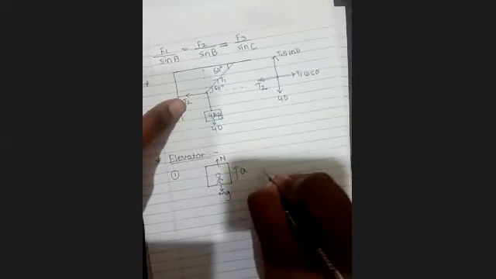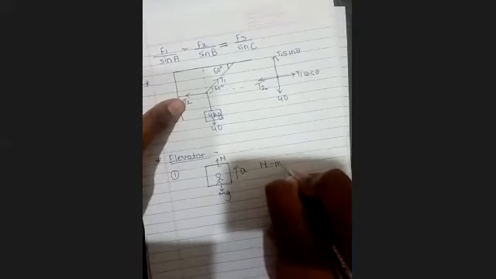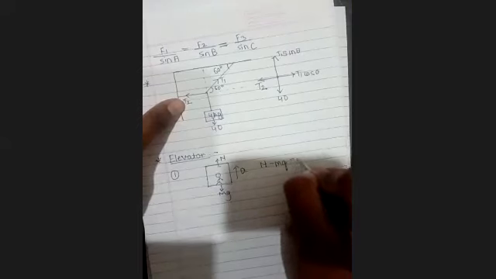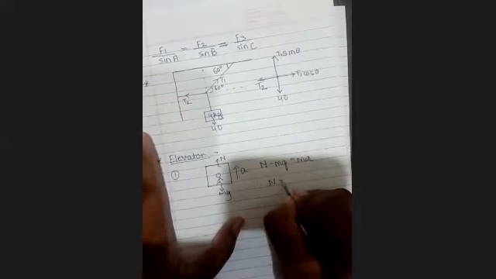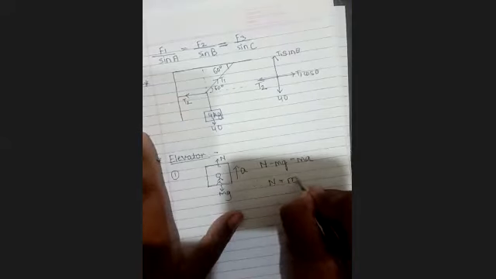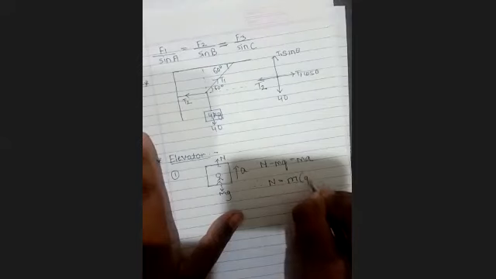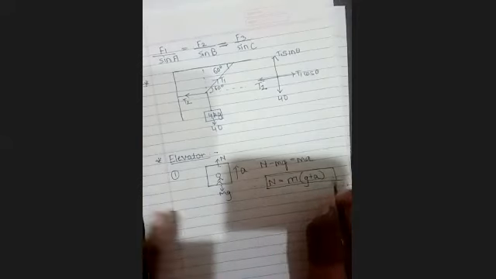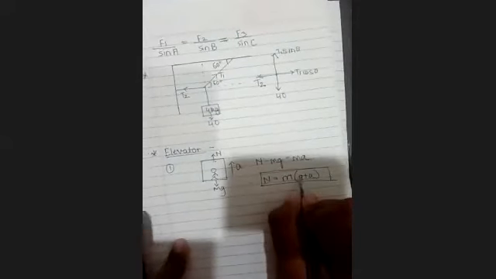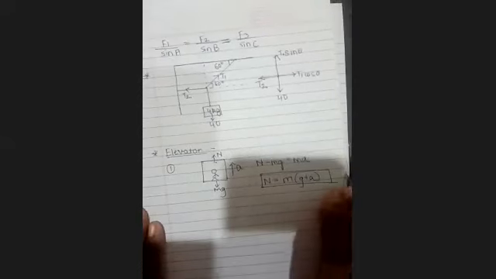So the normal reaction, when it's accelerating upwards, will be N = m(g + a).